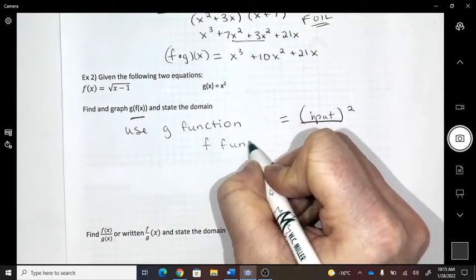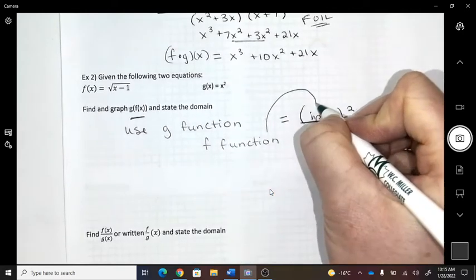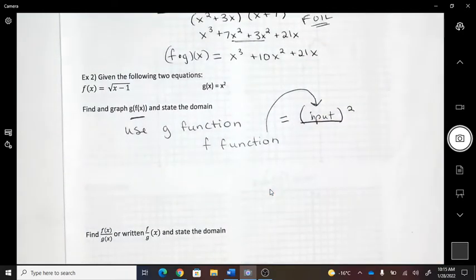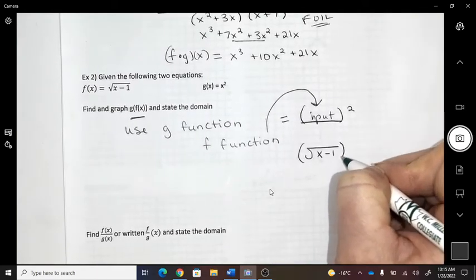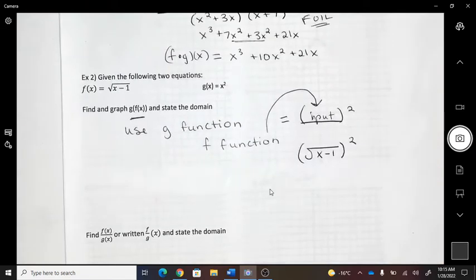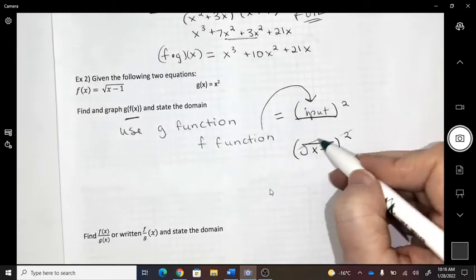And the f function is going to go into the input spot. So you're putting the f function into the g function. Okay, so if I put the f function in there, it would go like that, and if I wanted to simplify it, that would cancel.